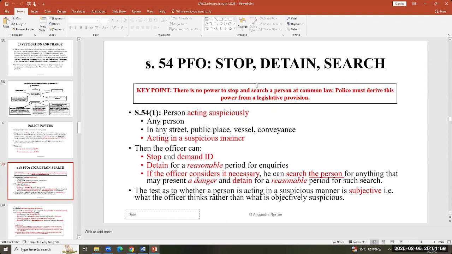There's no power of stop and search at common law. The police only have the ability to do this because of this provision in section 54 of the Police Force Ordinance. A general citizen on the street does not have the power to stop you, ask you questions, and search.